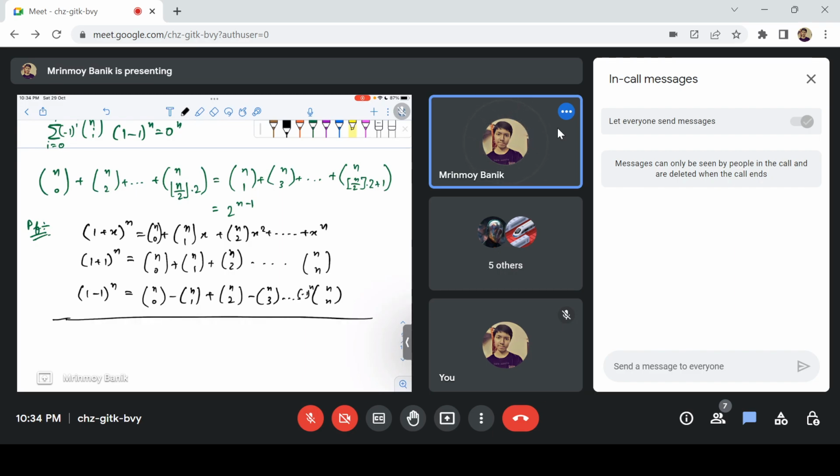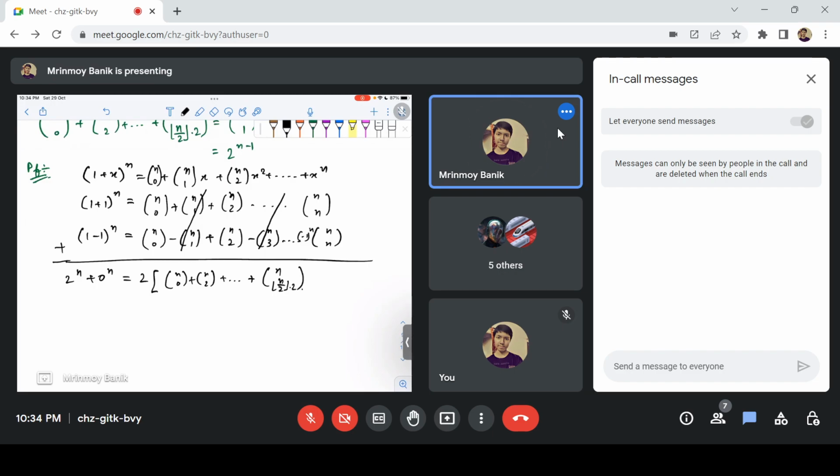Now we add these two. You have 2 power n plus 0 power n equal to twice the even terms, as the odd terms get cancelled. So you have twice of nC0, nC2, up till whatever the last even term is. You just divide this by 2 and you get the sum of the even terms.